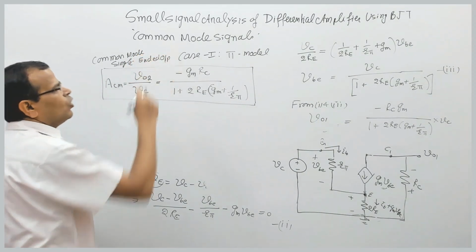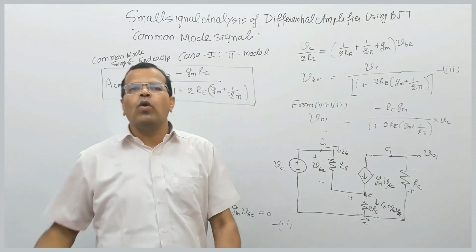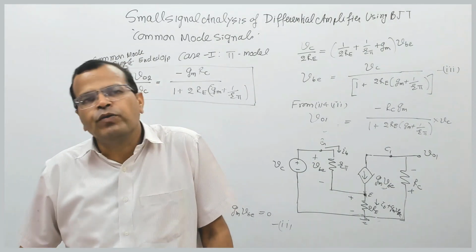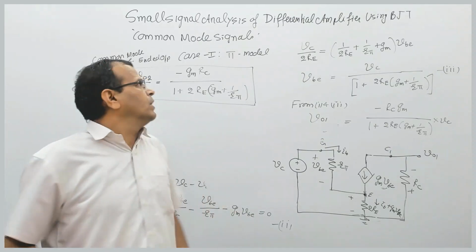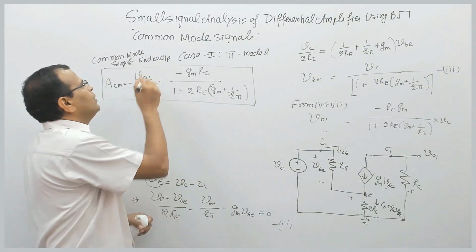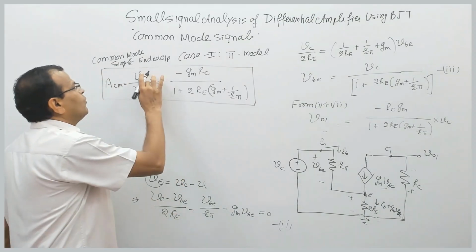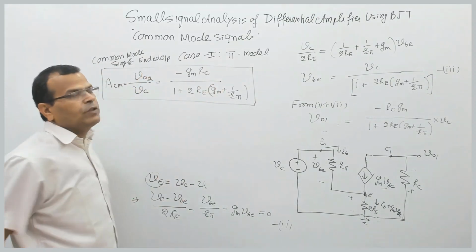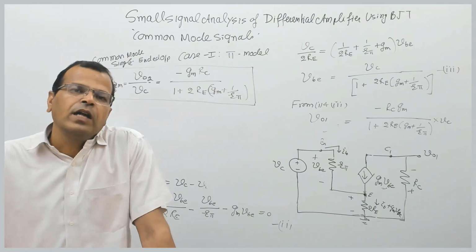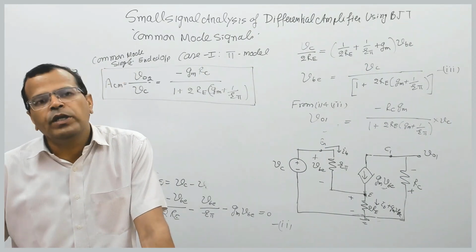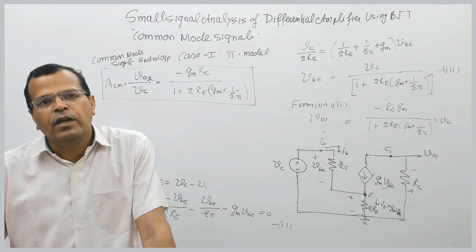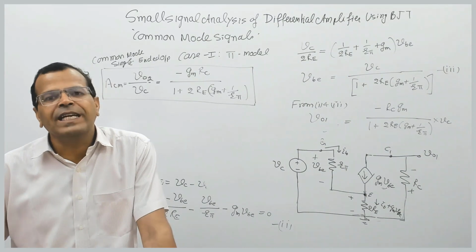You are taking output only from one BJT, either Q1 or Q2. When you take output from Q1, that is the ratio of V01 to Vc; from Q2, the ratio of V02 by Vc. Otherwise, the expression remains the same. That is known as the common mode gain of the amplifier for single-ended output.